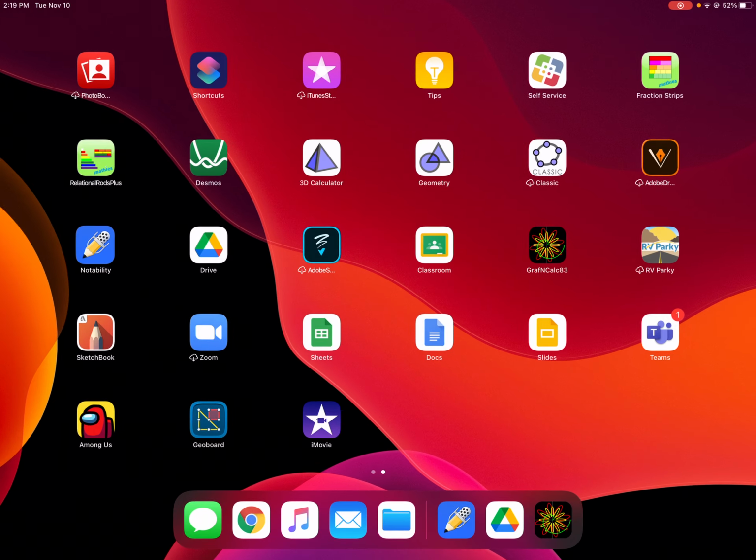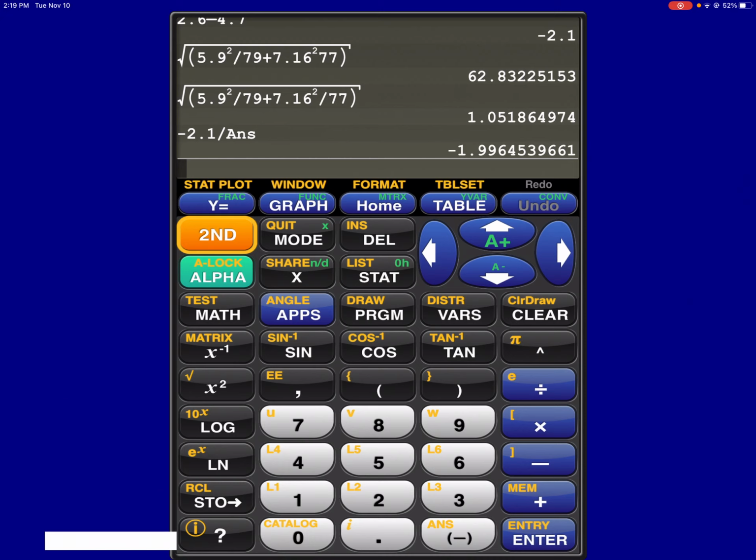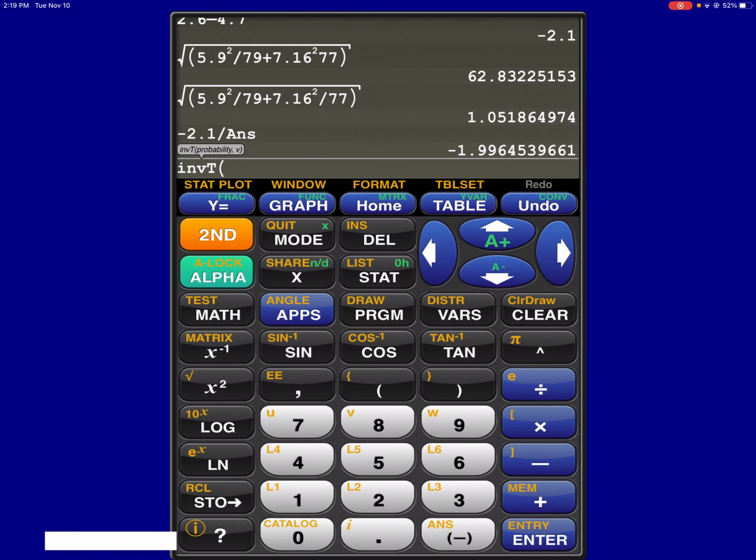If you remember the way inverse t works, let's go back to the calculator and figure it out. So if we go second vars inverse t, we put in the probability first, which is easy. But then the next thing it's asking us for is the degrees of freedom, which wasn't that big of a deal when we were doing the one variable, because we just took the number minus 1, and that was our degrees of freedom.